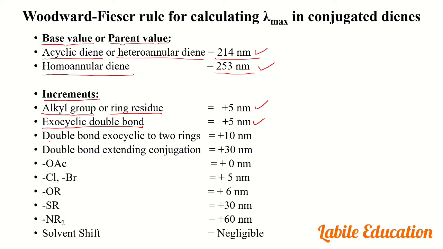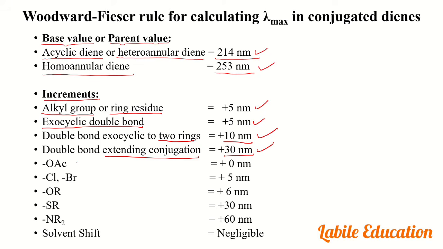Suppose one double bond is exocyclic to two rings, the same double bond is exocyclic to two rings, that will contribute double the value of the single exocyclic double bond, meaning plus 10 nanometer. And if any double bond extends the conjugation, meaning there is a diene system and an extra third double bond, that will contribute 30 nanometer.